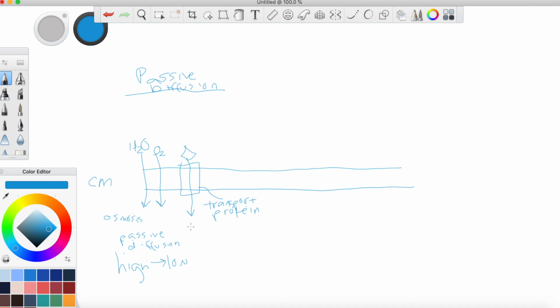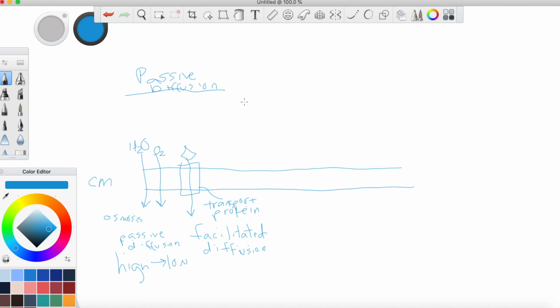It's still a passive transport, but in this case, because it requires this transport protein, this is now called facilitated diffusion. Again, it's still diffusion because these still move from an area of high concentration to low concentration, but it's facilitated. It requires a transport protein in order for this to occur.